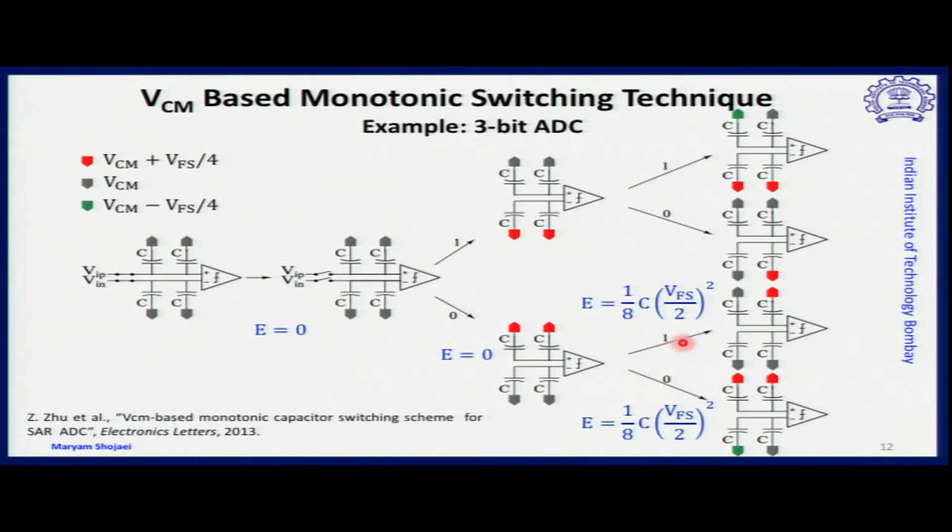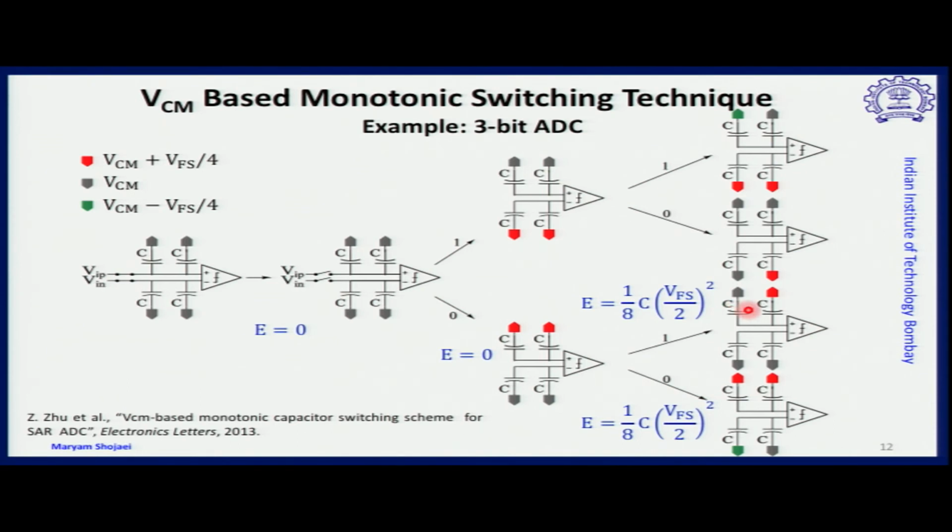If the output of the comparator is 1, that means we have to reduce the potential at the positive terminal of the comparator. So this reduction is performed by switching one of the capacitors, and therefore we can move in the binary search direction by providing half of the full scale range with respect to the previous cycle.